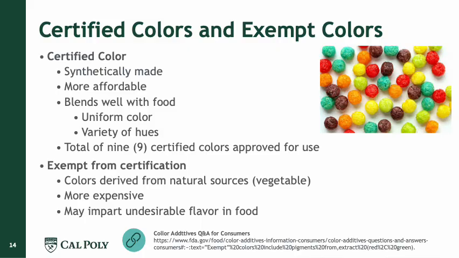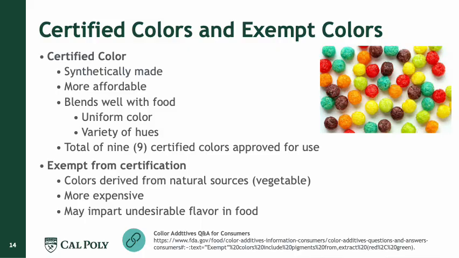Natural colors also have a wide array of colors and color differences, and normally they are from vegetable sources, and consumers are increasingly asking for them, so they want natural colors in their food. The only issue is that natural colors are a little bit unpredictable, and they are not very stable.